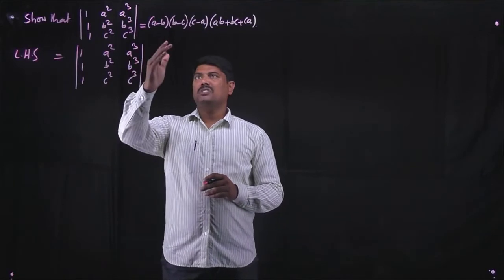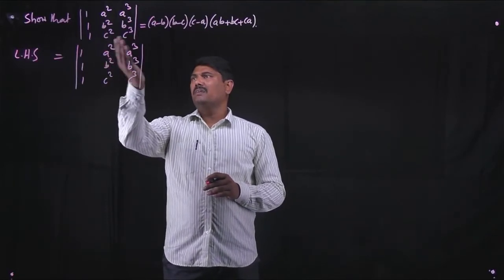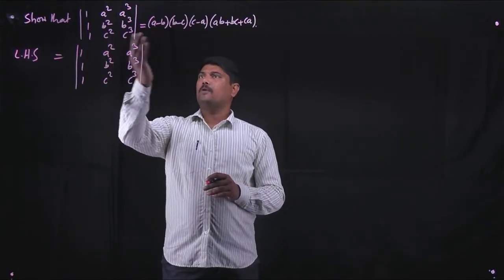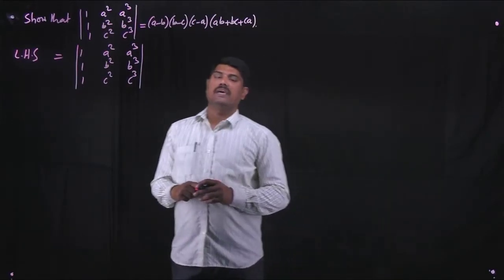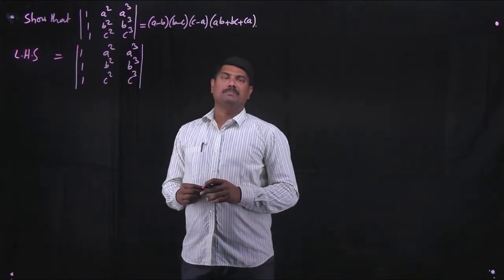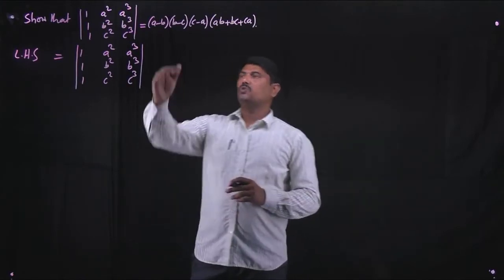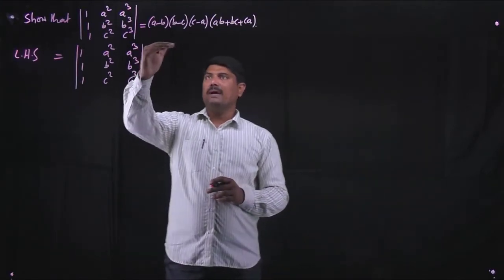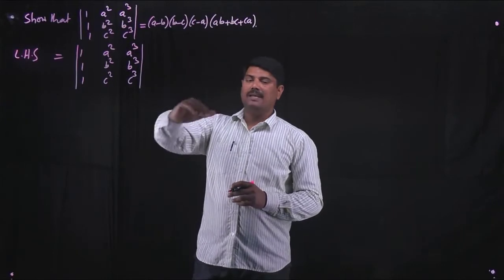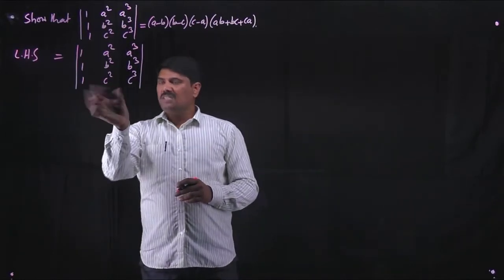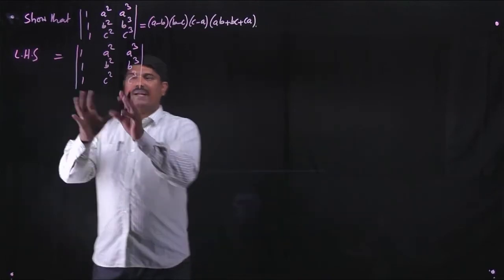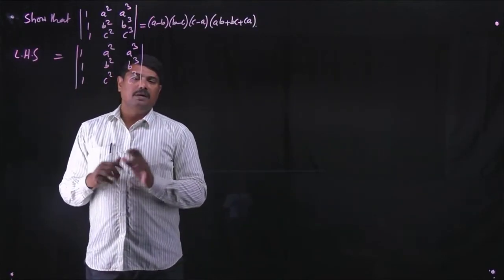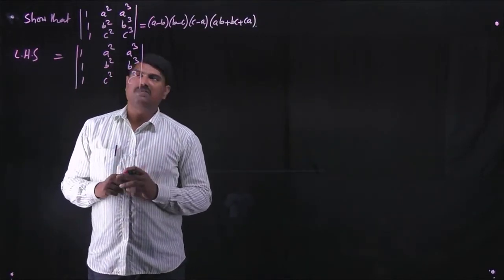So in RHS, the entire determinant is a product of factors a minus b, b minus c, c minus a, and later ab plus bc plus ca. So to obtain factors a minus b, b minus c, c minus a, and that one from this determinant, now I am starting to find the factors by using the properties of the determinant.